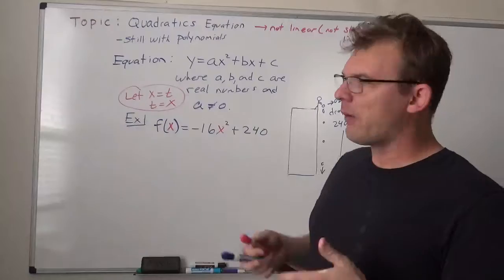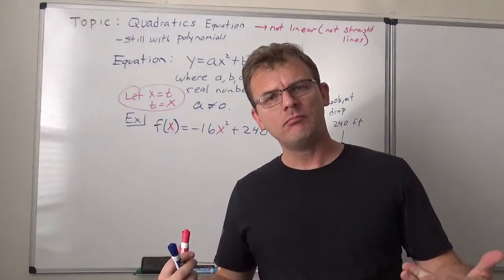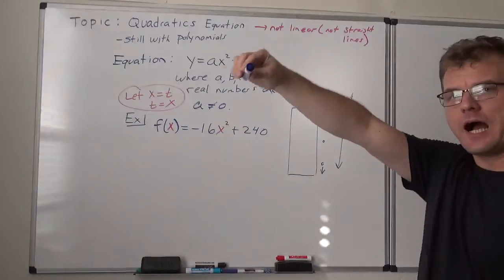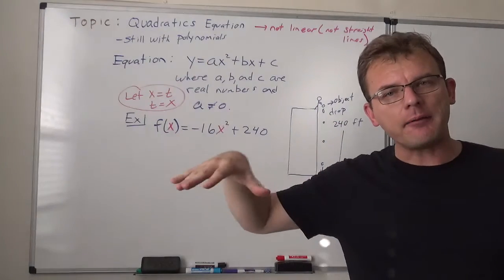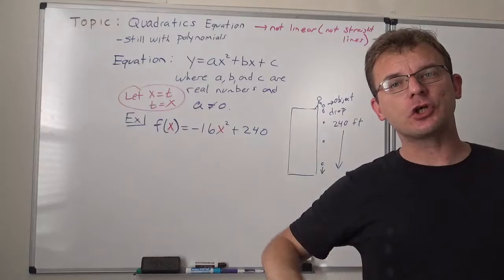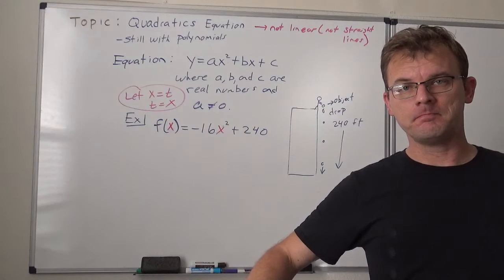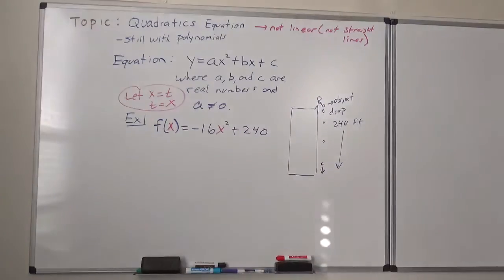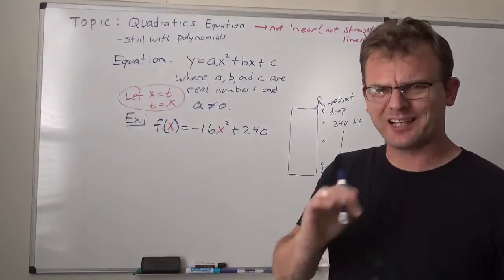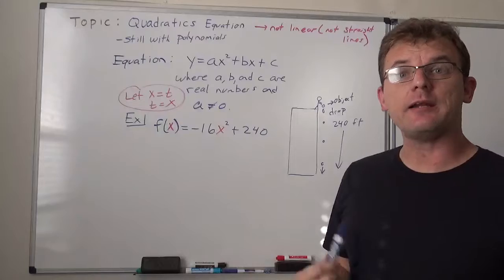Well, what if I wanted to see what happens when I drop that object at certain times? What would happen at certain times? Can I get a number for those times? And to show you what I mean, I know that's kind of confusing because I haven't really showed you any numbers yet.